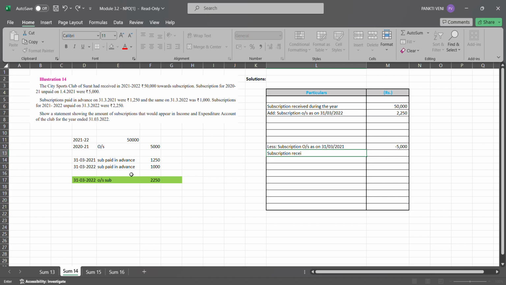Subscription received in advance. So why am I supposed to deduct that? That is not my income. I have received in advance. So right now I cannot consider that as my income. So current year subscription received in advance, I am subtracting. Current year outstanding, that is my income, I have not received, so add that.